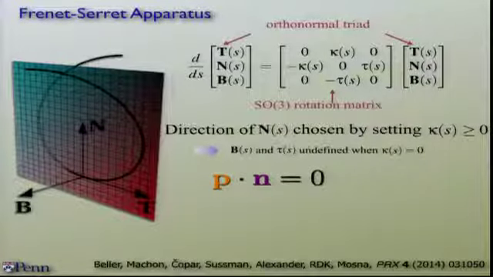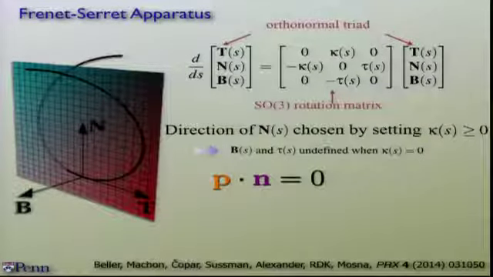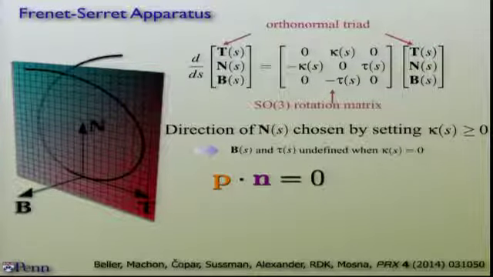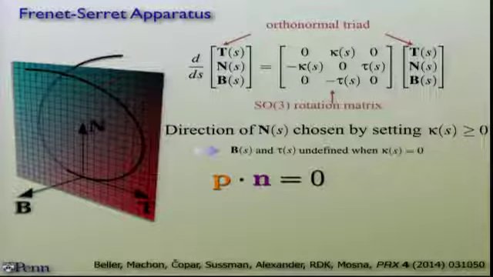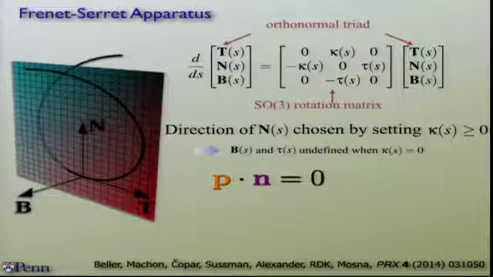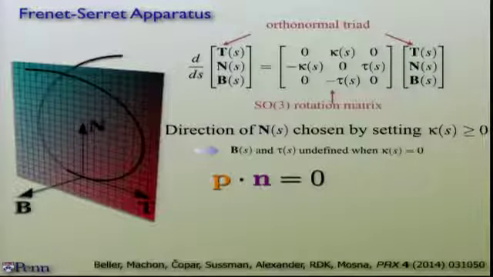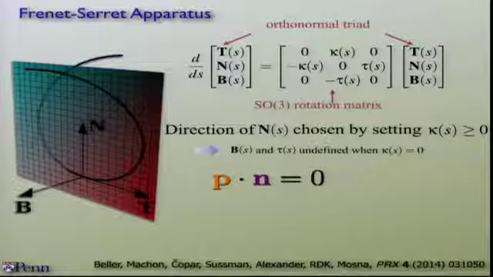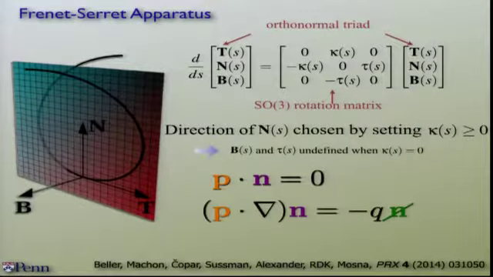There's this whole beautiful formulation where the derivative along the curve of this triad is just a rotation of the triad, parameterized by two constants, the curvature and the torsion. A curve in flat space, a curve in 2 dimensions, has no torsion. A helix has constant curvature and constant torsion. But it turns out, so remember P and N, the pitch axis and the director, they're orthogonal.